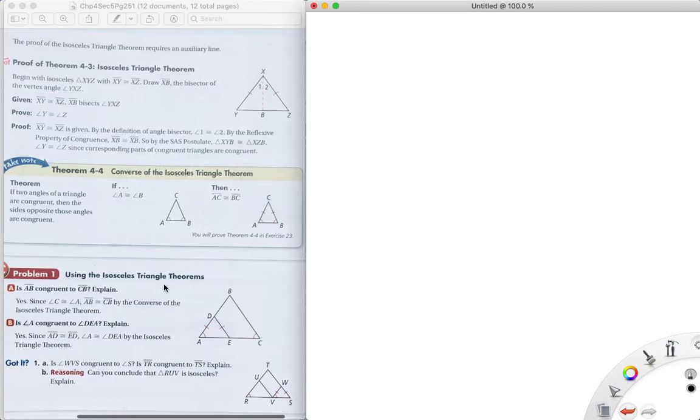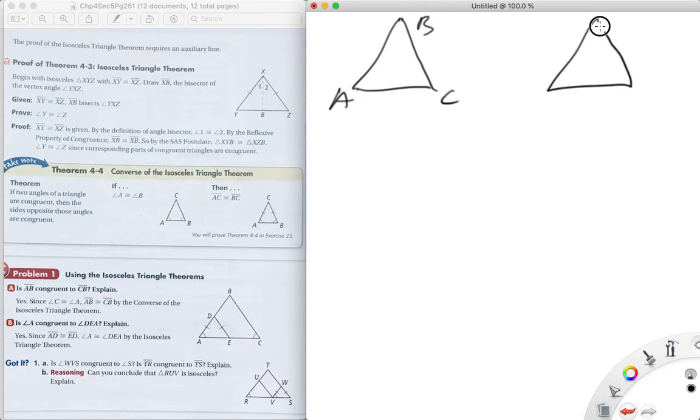Then we have the converse of the isosceles triangle theorem. If we have a triangle ABC and we're given that the two base angles are congruent, then we can say that the two sides opposite those angles are congruent.